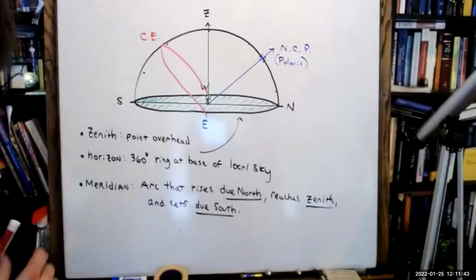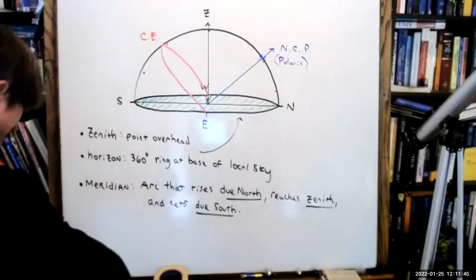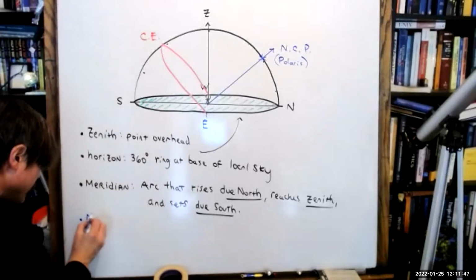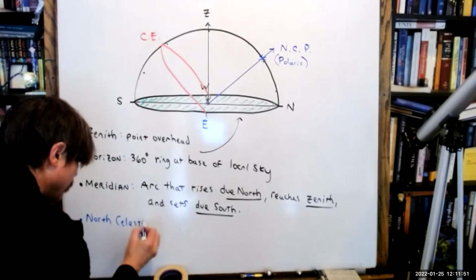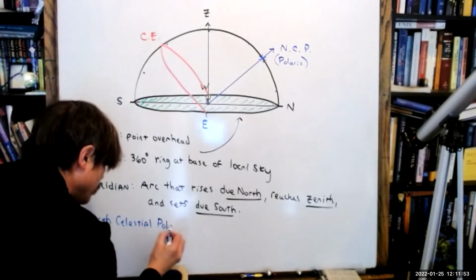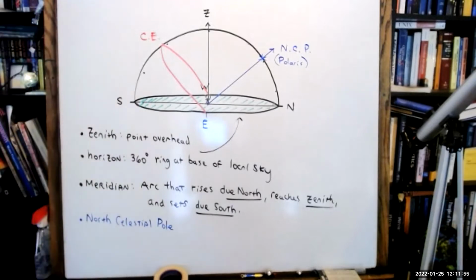And let's put those down as fundamental positions of our local sky. Celestial pole, already defined, and celestial equator, already defined.